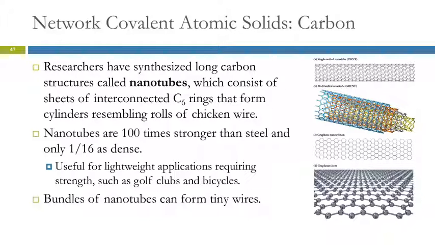Nanotubes are really strong, 100 times stronger than steel and 1/16 as dense. So here you've got something much stronger than steel and much lighter weight than steel. So you can imagine that that's going to be useful. Nanotubes are useful for lightweight applications requiring strength.